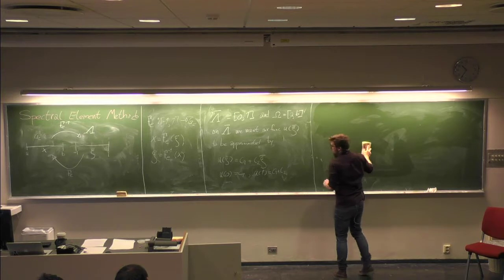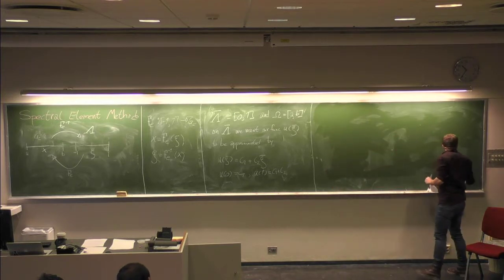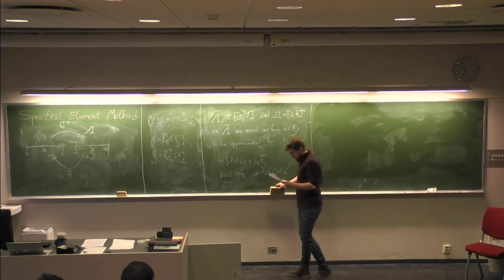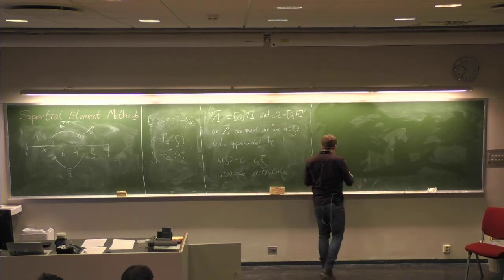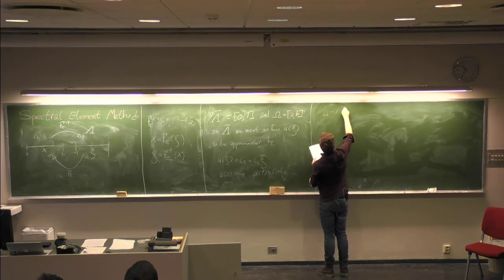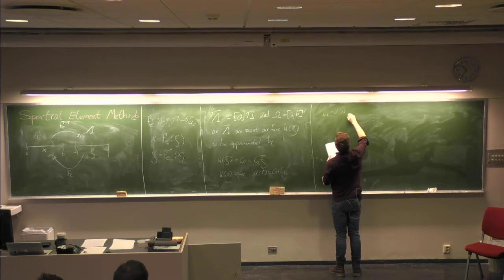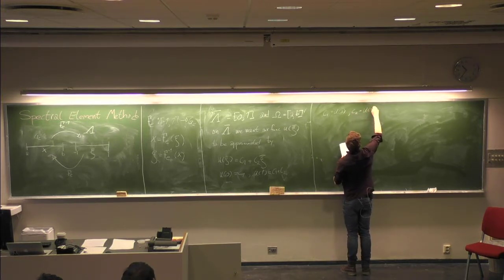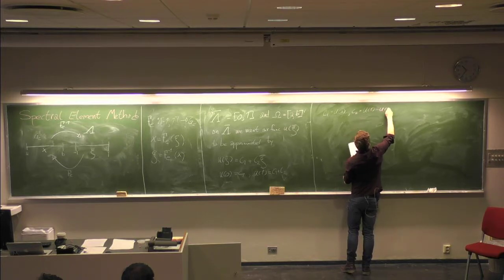We do have two equations and two unknowns already, so why not just use them? So C1 is u of 0, and C2 is u of 1 minus u of 0.